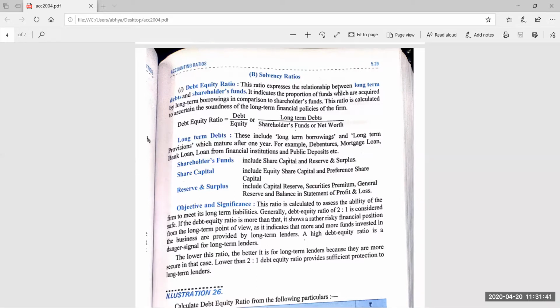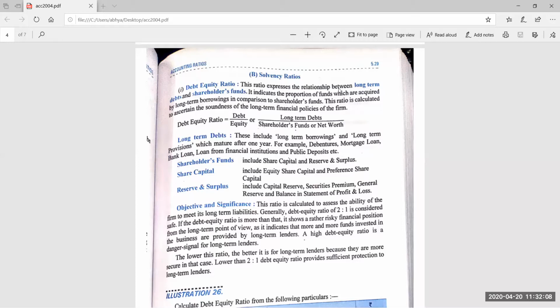So lower ratio is good from the point of view of lenders, not the higher ratio. If you went to a bank for taking a loan and the bank has analyzed your financial position and your debt equity ratio is 4 is to 1, the bank may deny to grant you a loan because its position will be unsafe. Giving a loan to your business will be comparatively risky because already your ratio is 4 is to 1. 4 is to 1 means borrowed funds are 4 times the owned funds.